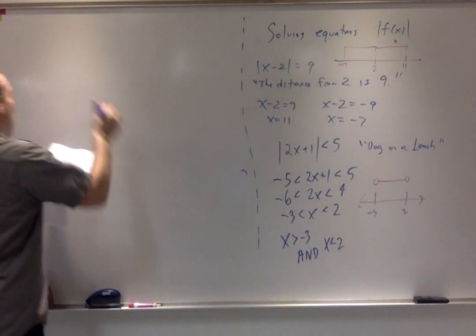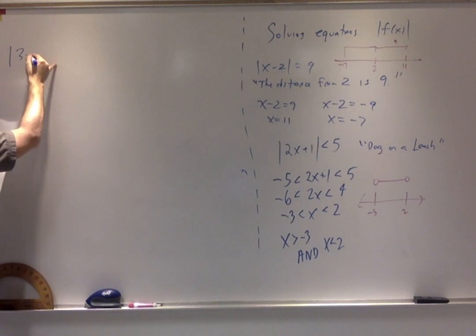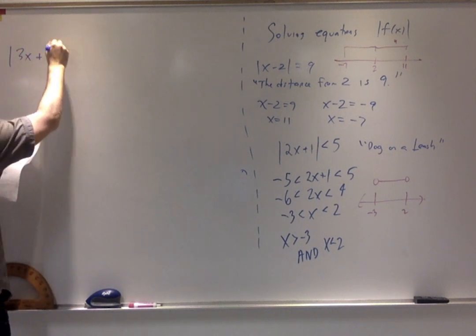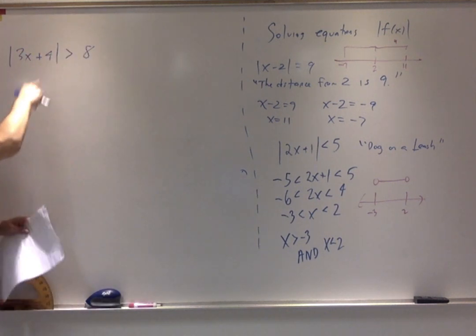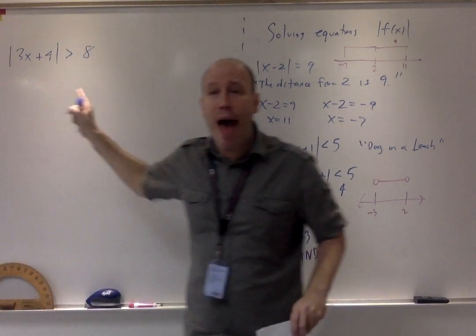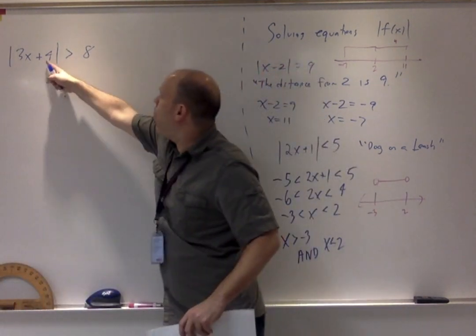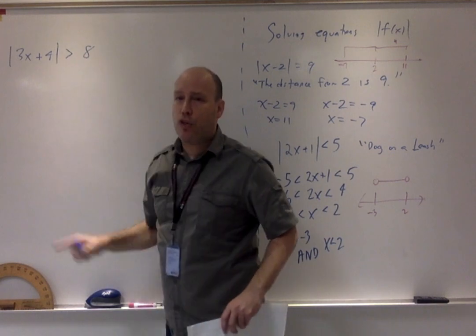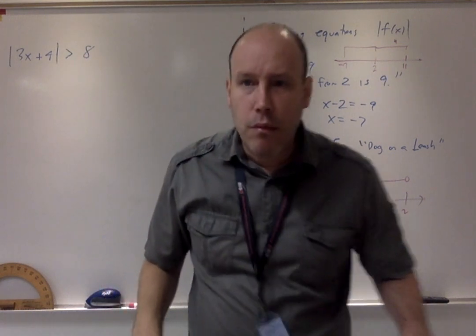Nice. So we have the absolute value of 3x plus 4 is greater than 8. I call that stay away. That's saying stay away from whatever the center is. So let's solve this.